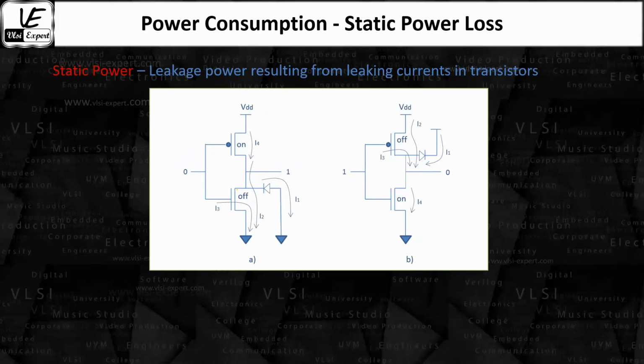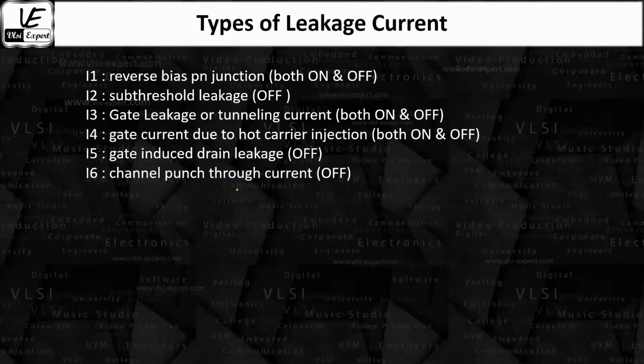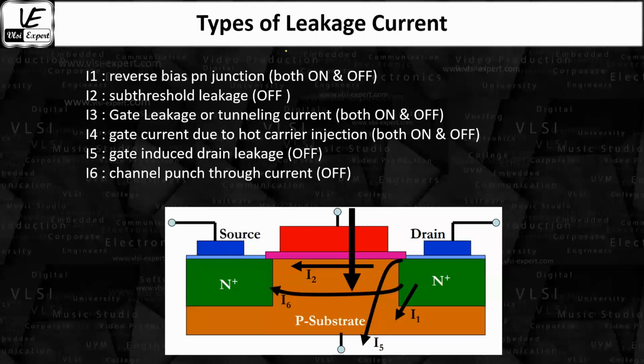Now let us see and distinguish between all these types of leakage current. From the figure, we can see I1 is the reverse bias PN junction current, which is present in both on and off states of the device. Then we have the subthreshold leakage current, which flows only when the device is in the off state. Then we have the gate leakage, or tunneling current, which is present when the device is both on and off.